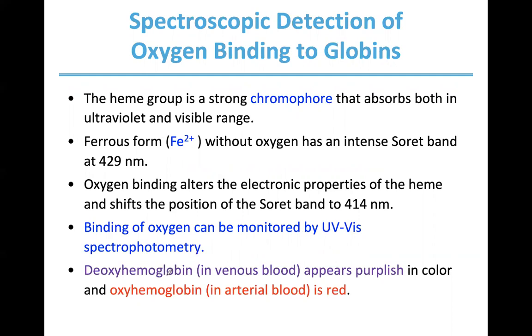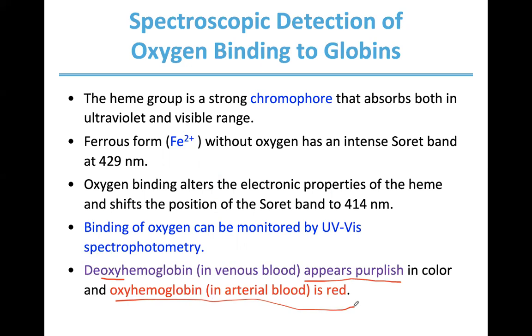Deoxyhemoglobin, basically hemoglobin that does not have oxygen in it, is going to be in the venous blood and appears purplish, because there's just not enough oxygen attached to the iron. And oxyhemoglobin in arterial blood is red.